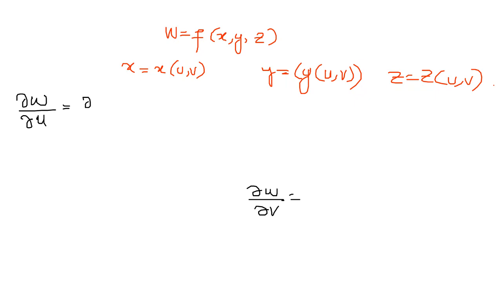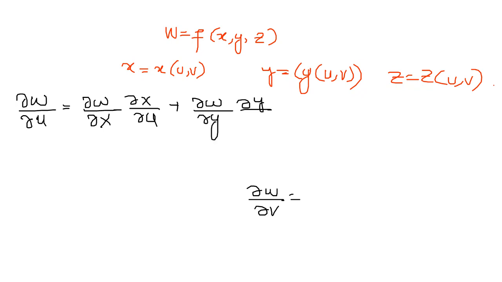The partial derivative of w with respect to u is the partial derivative of w with respect to x, and x with respect to u, plus the partial derivative of w with respect to y, and y with respect to u, plus the partial derivative of w with respect to z, and z with respect to u.